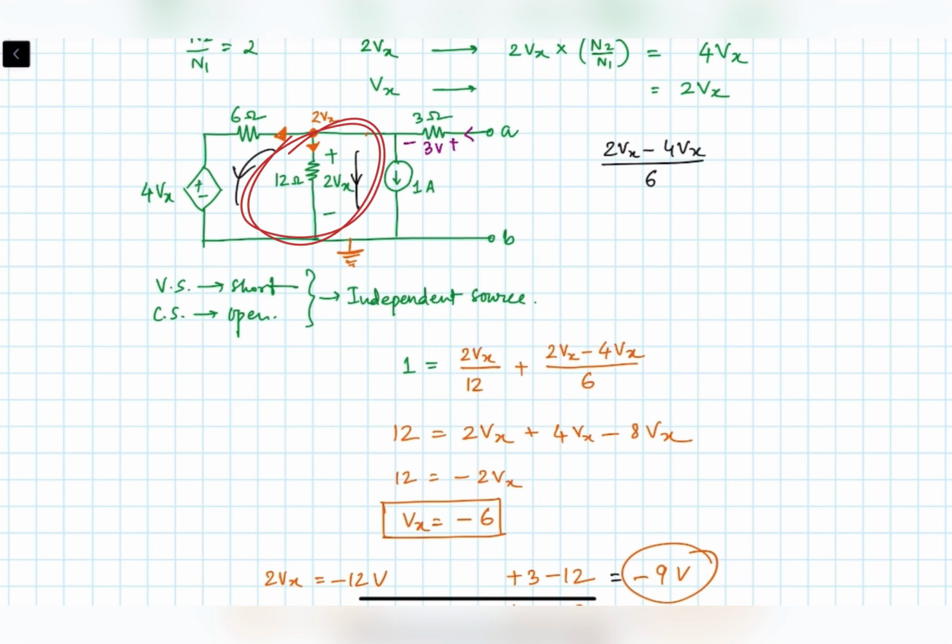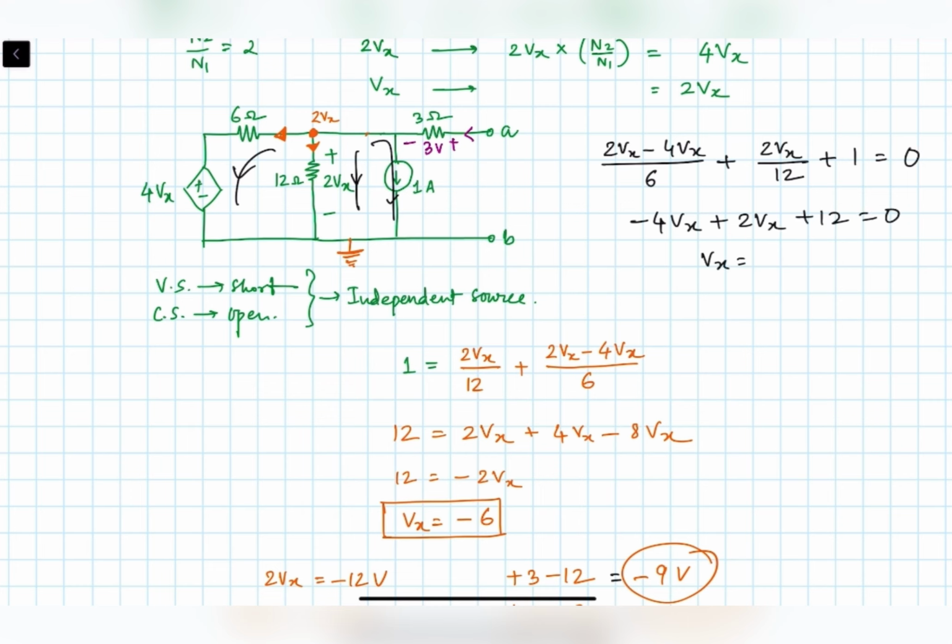In this path there will be 2Vx by 12, and there is another plus 1 ampere. So the sum will be 0. If you solve this, you will get minus 4Vx plus 2Vx plus 12 is equal to 0. So Vx is equal to 6. So 2Vx will be 12 volt.